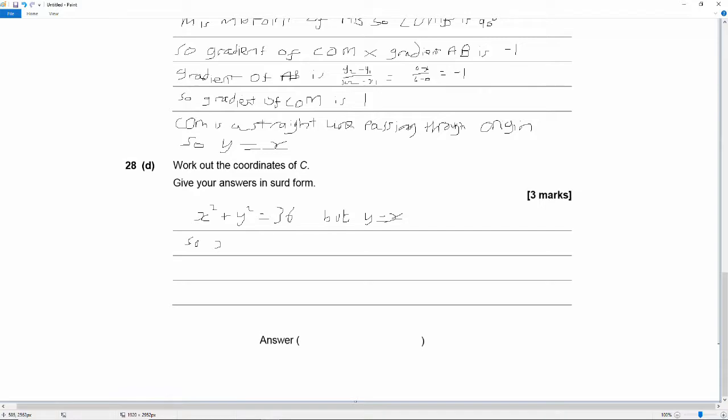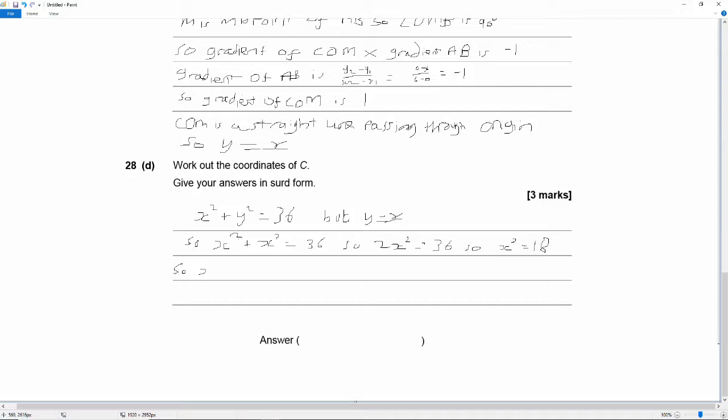So x squared plus x squared equals 36. So 2x squared is equal to 36. So x squared is equal to 36 divided by 2, which is 18.